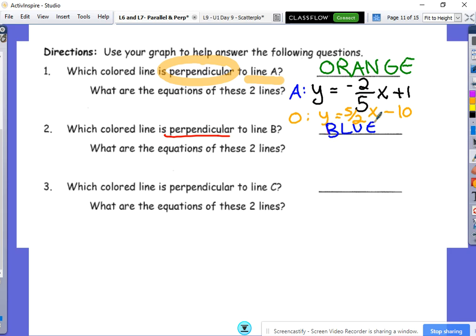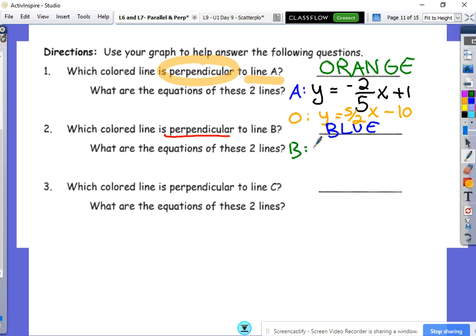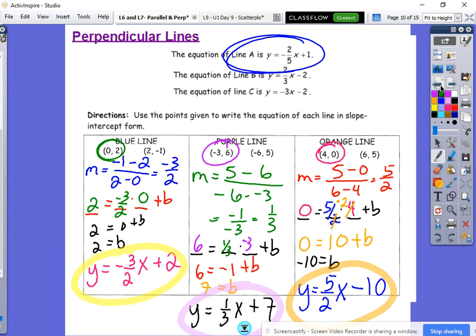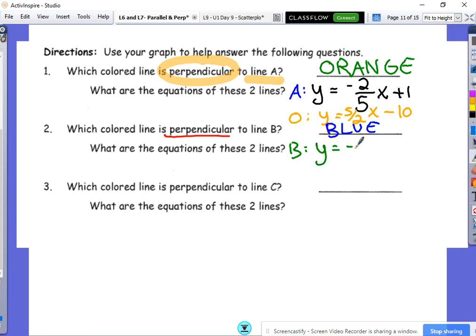Okay. So what's our equation? Well, line B's equation is y equals -2/3 x minus 2. I believe it's -2/3 x minus 2.